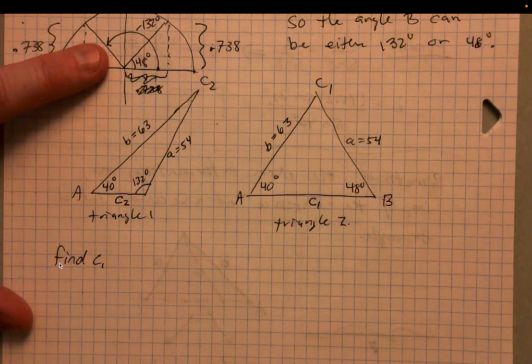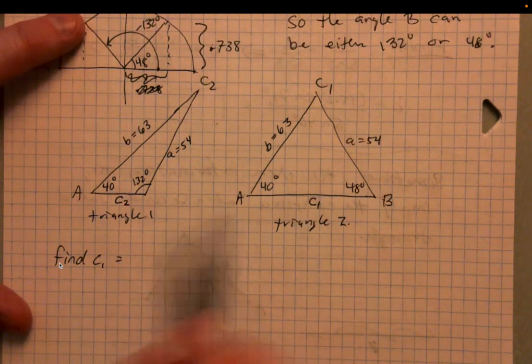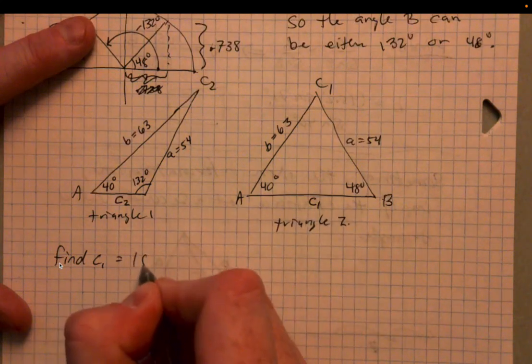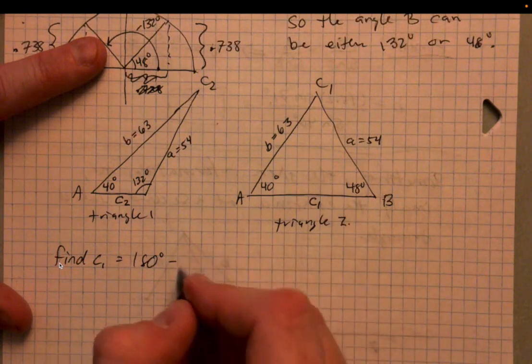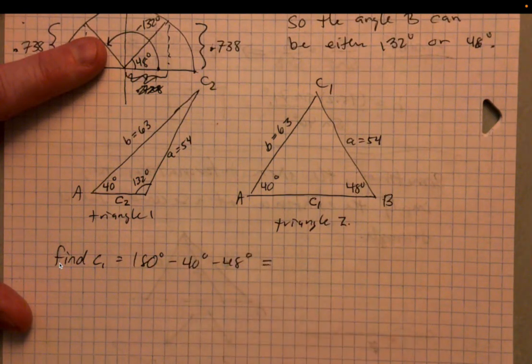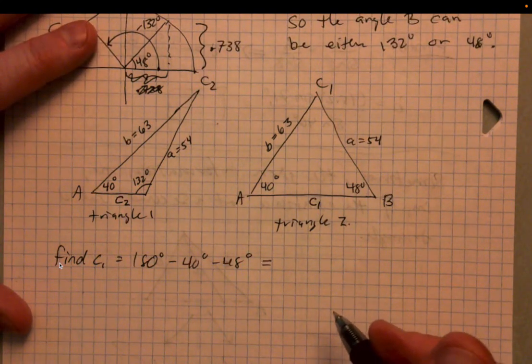So C1 is equal to 180 degrees minus 40 minus 48. And when I do that, what do I get? I get 92 degrees.